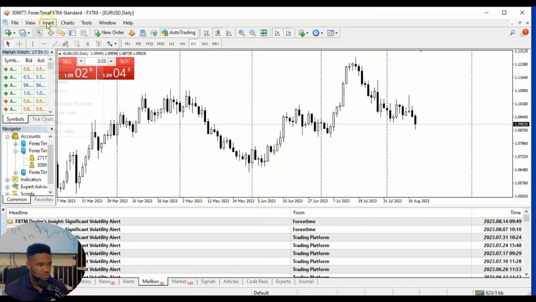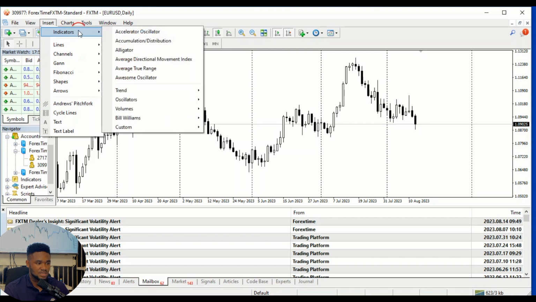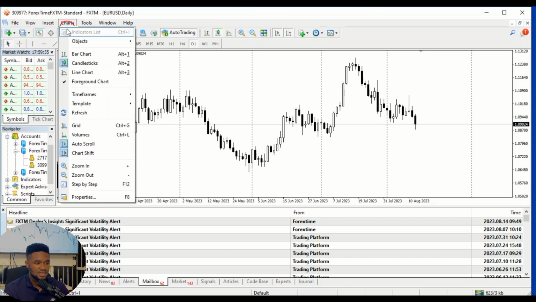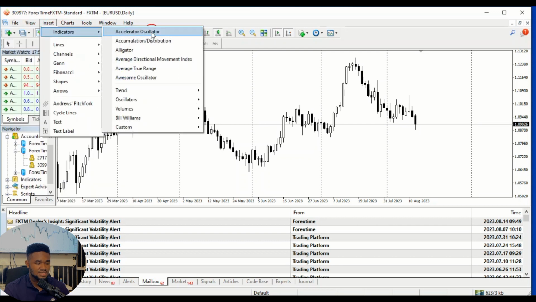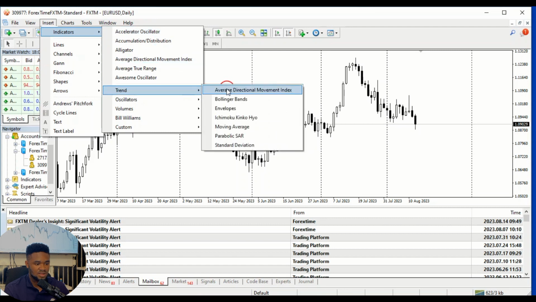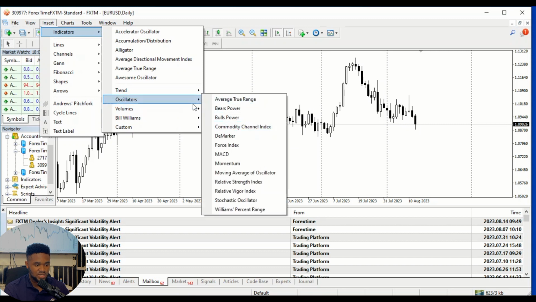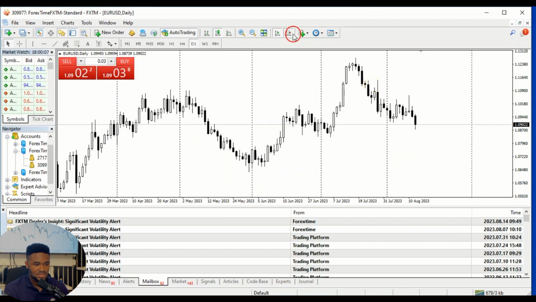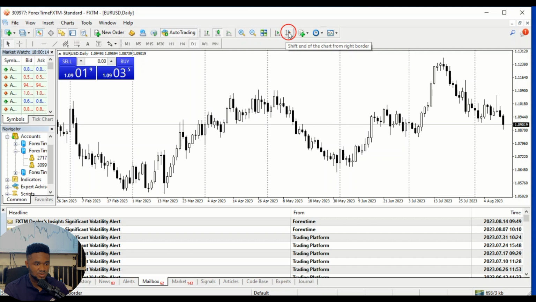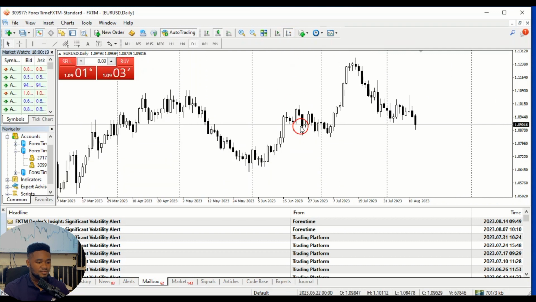I'm just trying to show you Insert indicators. Yes, this is it. You put an insert and this is your indicators. You can see different indicators, trend indicators, averages, this Bollinger Band. This is where you get your indicators. You click on here and you click on here. Make sure that this is not highlighted. This is the only one that is meant to be highlighted. It's highlighted now.